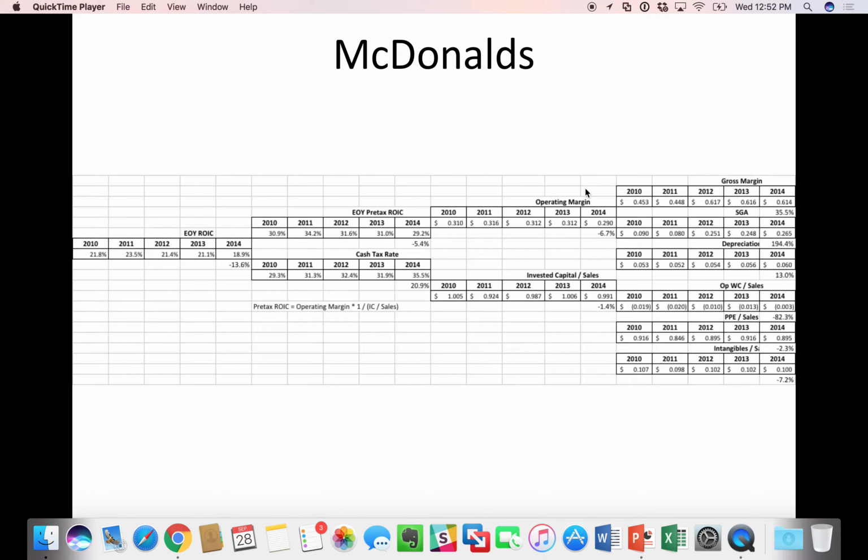And what it tells me is, to generate a unit, or in this case, $1 of sales, how much did I have to spend in capital? In this case, operating invested capital. All right, so in 2010, McDonald's, to generate $1 of sales, had to spend about $1.005 on capital. It's about a 1-to-1 ratio.